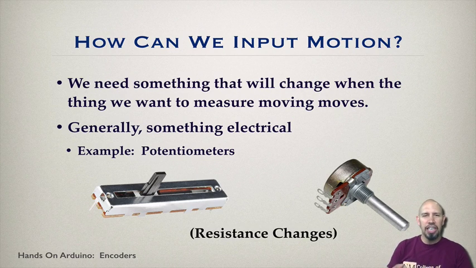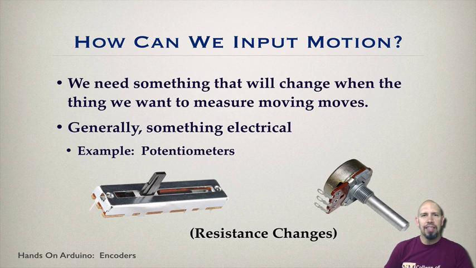So if we have rotational motion we want to keep track of, then we have to use something that will measure a rotational change, or will have a rotational change. For example, a potentiometer. The resistance changes as you rotate this. If we're talking about linear along a line, then a linear potentiometer could also be used.